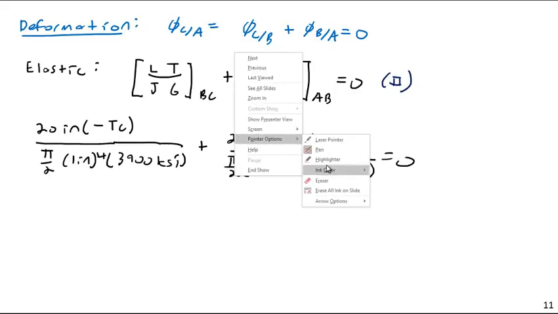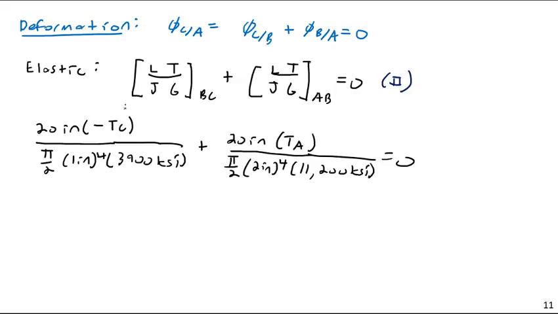But then I could substitute, just as I mentioned previously, in negative 100 minus TA.